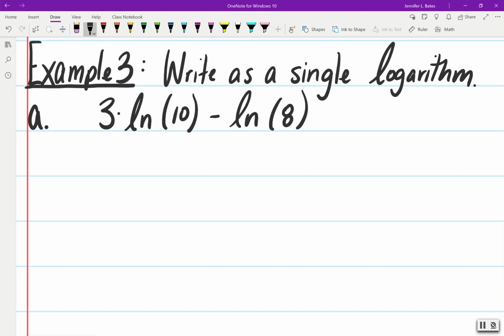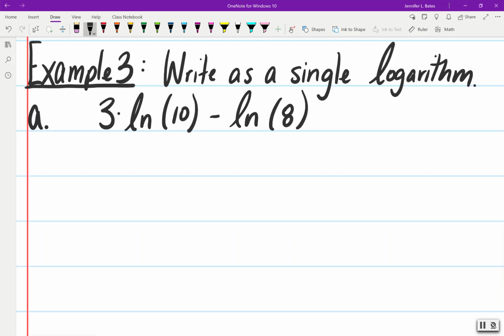Now, before I can condense this, right off the bat, it looks like there's 2 logs getting subtracted. So I know I'm going to use property 2, but how do I deal with that 3 out front first? What can I do with that 3 out front? Show me which log property says I can move the coefficient.